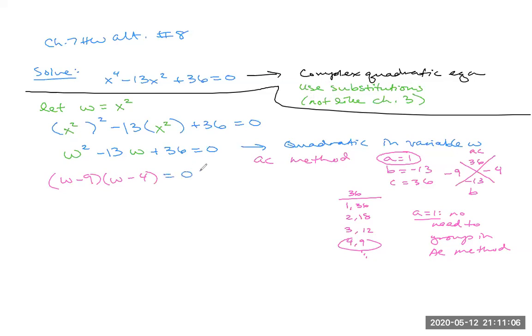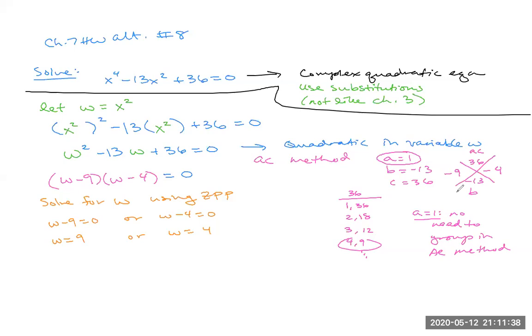That equals 0. So the next thing is going to be to solve for W using zero product property. So W minus 9 can be equal to 0, or W minus 4 can be equal to 0. So W equals 9, or W equals 4.